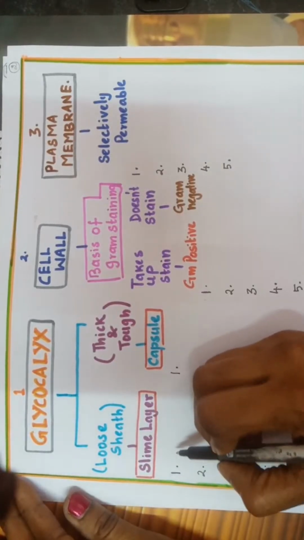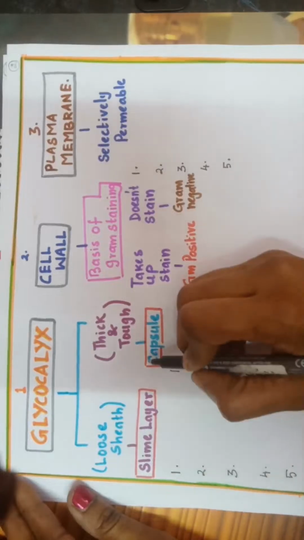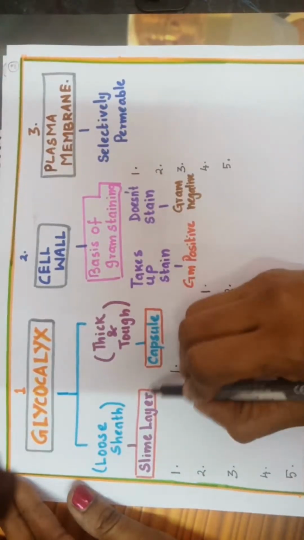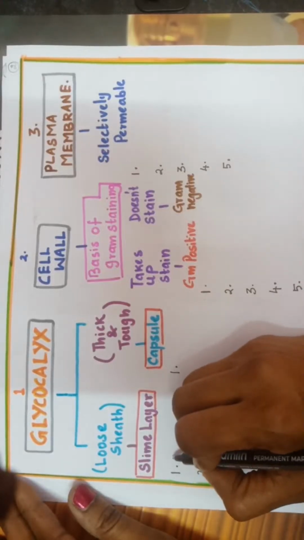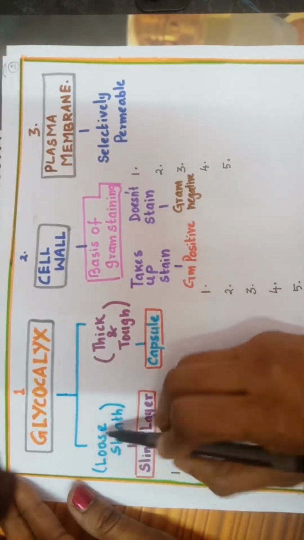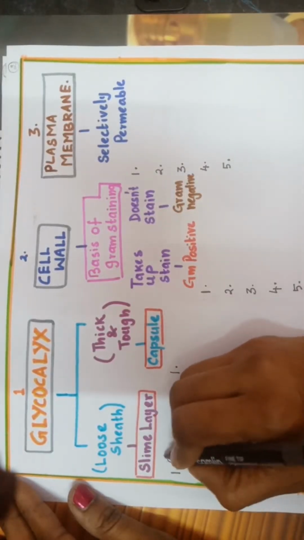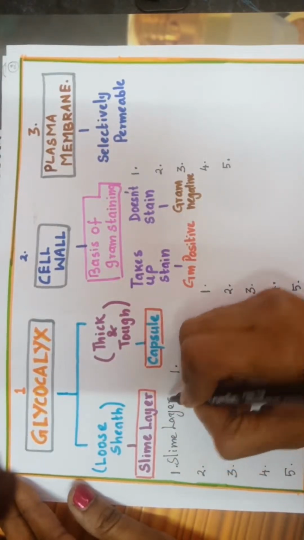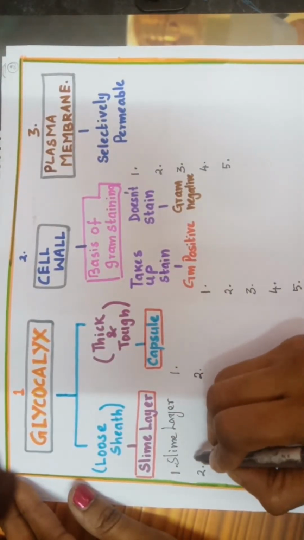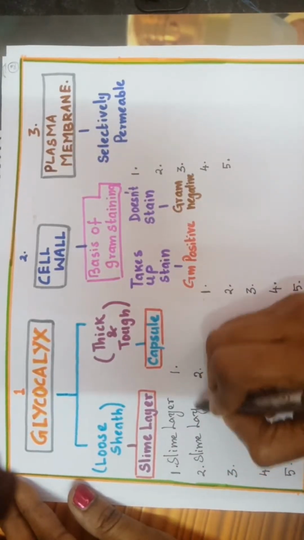Shall we write it 5 times? We are going to write only this word, slime layer and capsule. These are the code keywords used in NEET examination. But we have to repeat this along with this. If the glycocalyx is a loose sheath, it is called as slime layer.